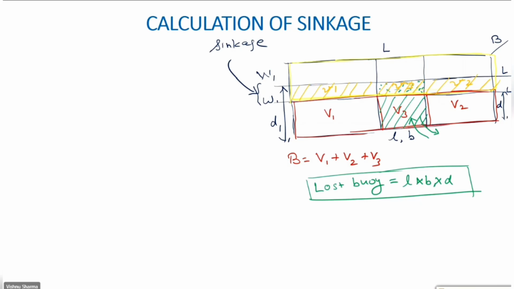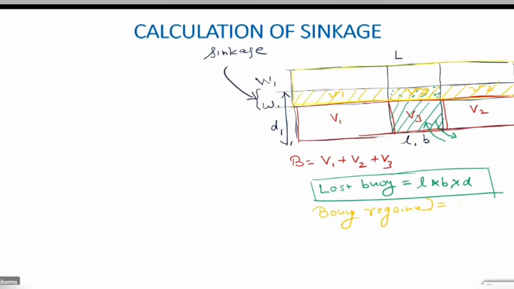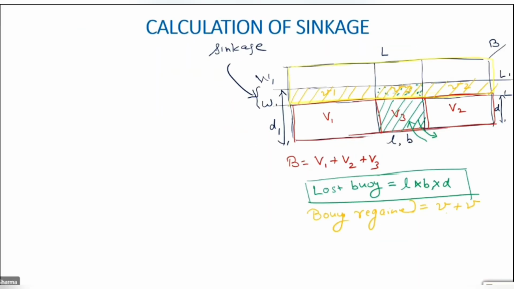But v3 was not contributing in the intact condition also; it's not contributing in the bilged condition also. Fine, fantastic. So, what is the buoyancy regained? What represents the buoyancy regained as per the markings in the diagram? Small v1 and small v2. This is the buoyancy you have regained. Yes or no, beta? Yes. Correct?